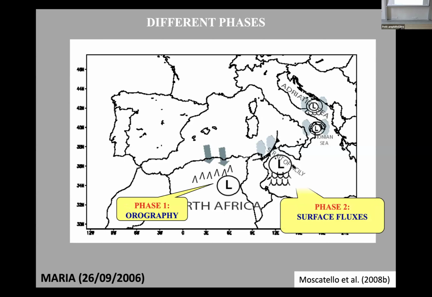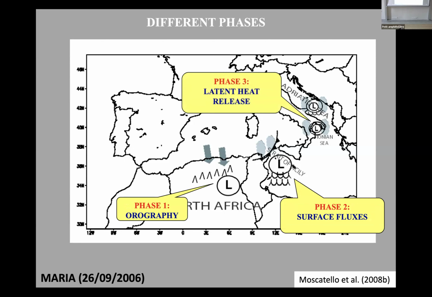Then there was a phase where, in particular, the low level was moistened by interaction with the sea. So you progressively see a change in the thermal profile that becomes more favorable to instability.